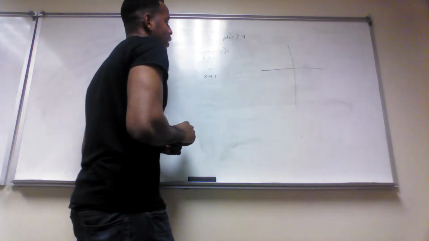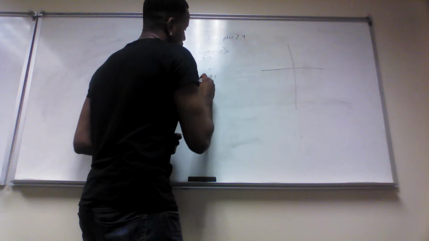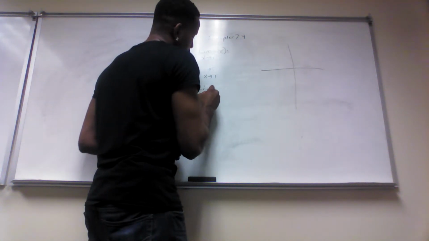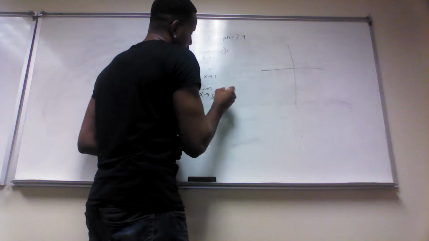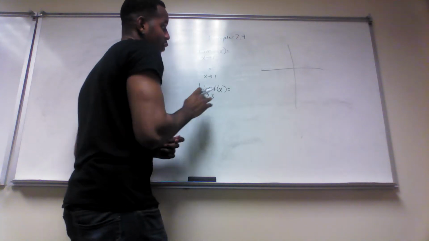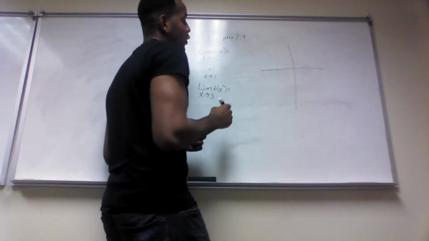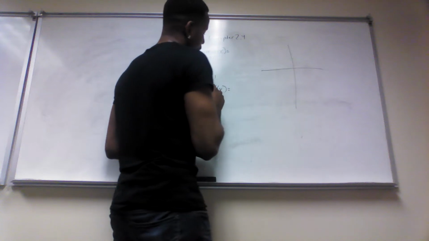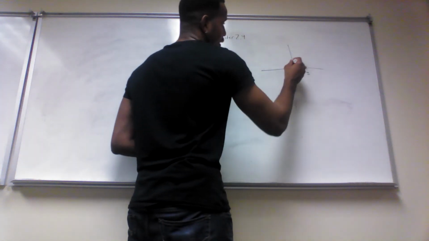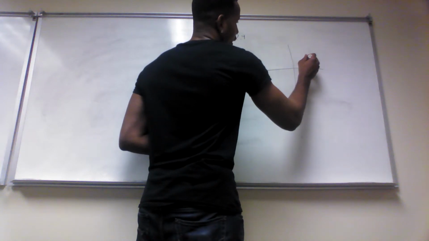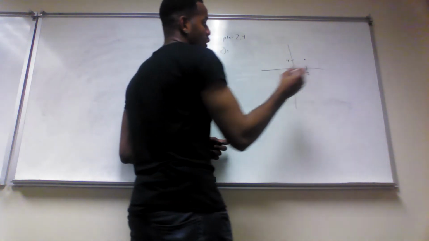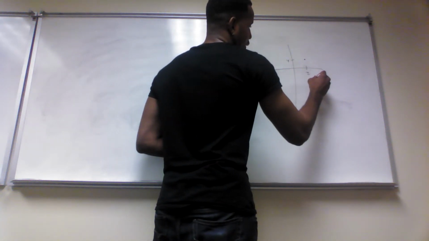Say we have a graph and we're trying to find the limit of f of x as x approaches 3, and that's all we have. We have to go to the graph first and figure out where x is, and we see x is right here, and you have the point of 4, which would be (3, 4).